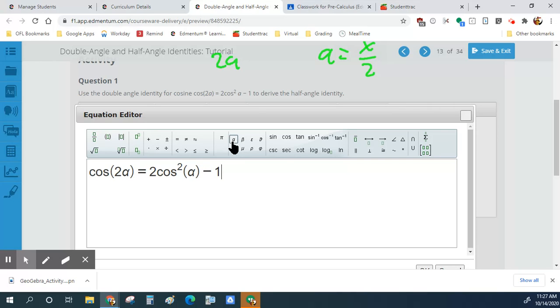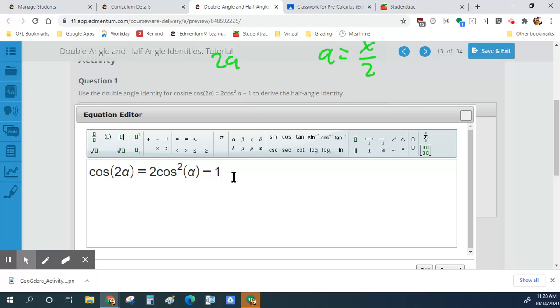So this is what they're throwing at us, but we want to do the half angle formula. So how do we get this? To derive the half angle formula, this is a double.